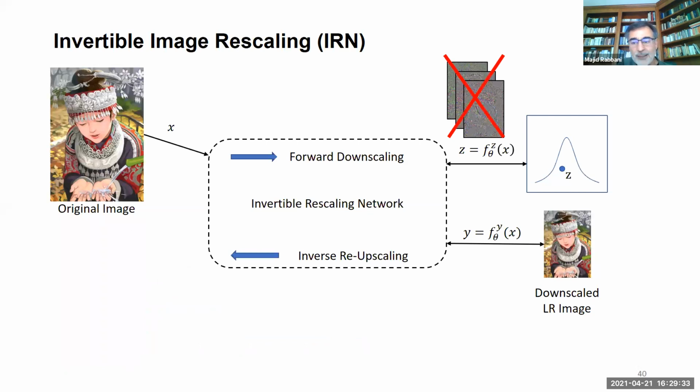If we get rid of them, of course, if I feed back the downscaled image into the network, I'm going to get garbage, right? I need those high detail images. I just got rid of them. So what am I going to do?